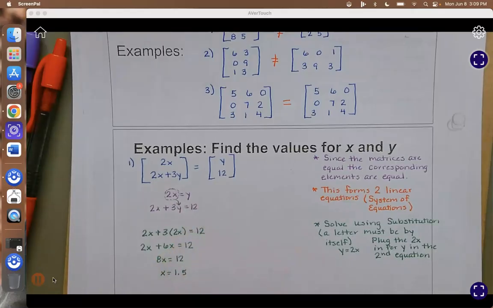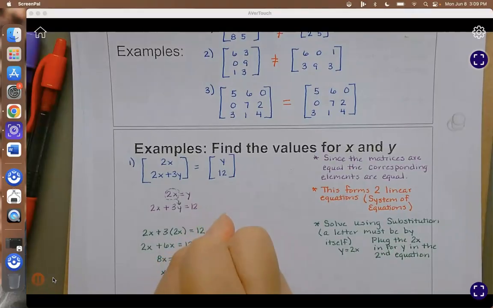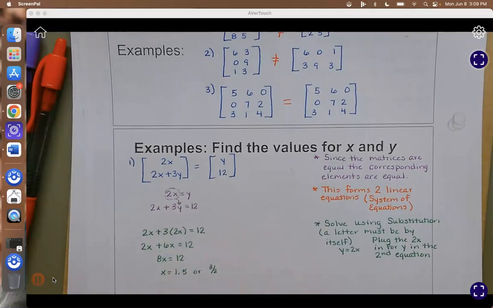Okay? And if you want to use fractions, you can. So I'm going to put the fraction answer there too, which is 3/2. I'd prefer you not use mixed numbers, okay? But you can use fractions or decimals here.